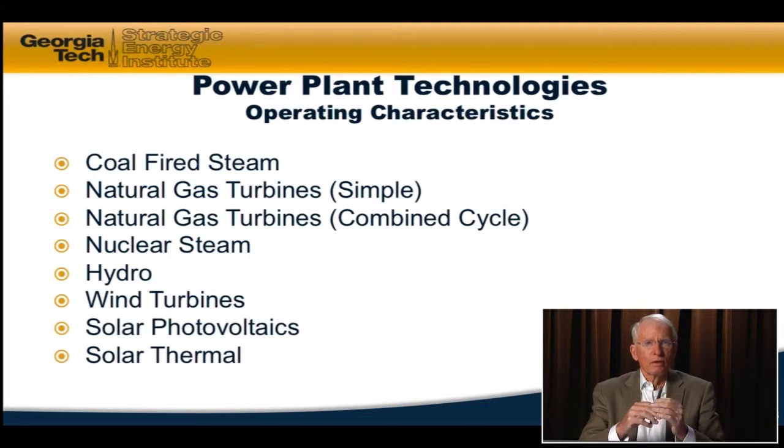It costs more, but that's essentially almost everything in the gas turbine area that's being installed today, the combined cycle gas turbines. The nuclear plants are steam cycles, and they boil steam by the nuclear fission process. The hydro that we mentioned, wind turbines that take kinetic energy out of the air and convert it to a spinning shaft that can turn a generator, and solar photovoltaics, that's magic, what we call direct energy conversion.